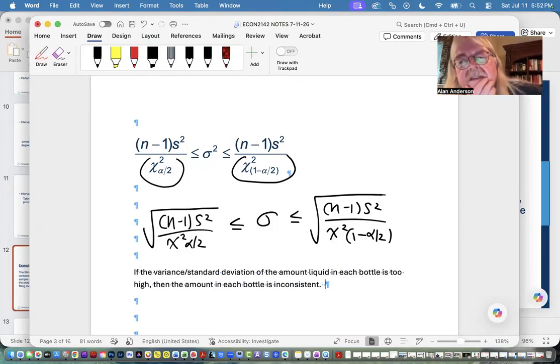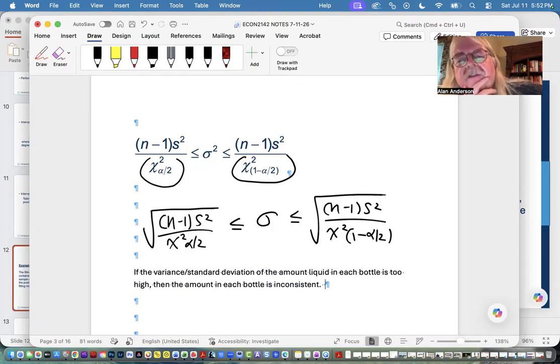In the real world, it's not possible for them to be literally identical to each other, but we want to get as close as possible. So therefore, there's probably some target variance or standard deviation that they're aiming for. Anything above that would be unacceptable. Okay. So, you see a lot of quality control problems done this way.